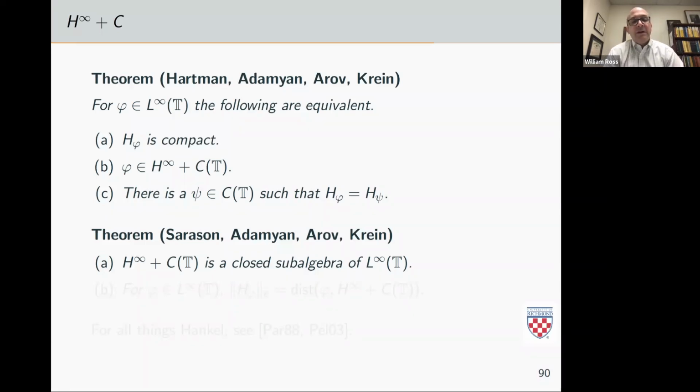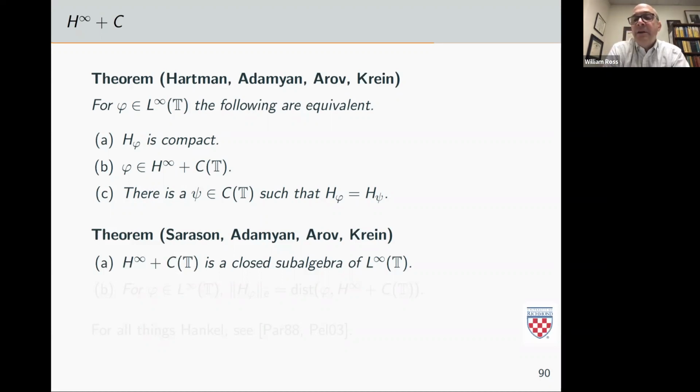So it's certainly true that H infinity is a closed subalgebra of L infinity, as are the continuous functions. But when you add them, why is that closed? And even more, think about this.